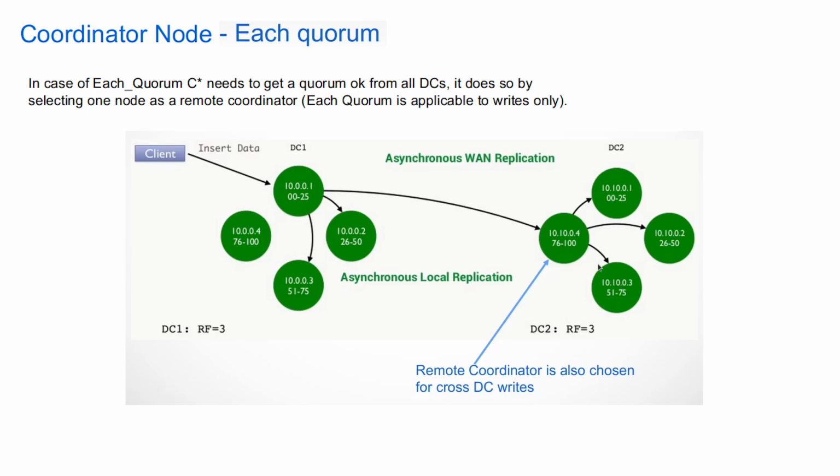So what happens is there is something called a remote coordinator. Again, this is not a special node. It is chosen on the fly by the coordinator here. The objective is that I transmit the data one time. So instead of 150 MB worth of data, I transmit only 50 MB. This node acts as a remote coordinator, which does what it does, and then it responds back saying, hey, job done.